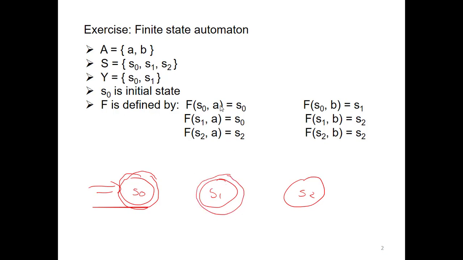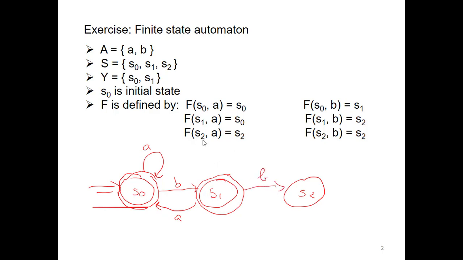Okay, then let's look at our function table. So if I'm in state S0 and I get an A, I stay in S0. If I'm in S0 and I get a B, I go to S1. If I'm in S1 and I get an A, I go back to S0. And if I'm in S1 and I get a B, I move on to S2.